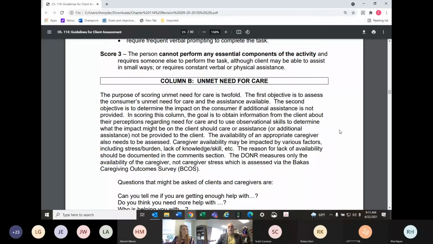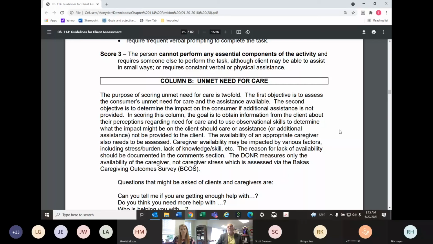So when scoring unmet need, I want to gather information from the consumer or the individual about what they perceive as the need for care and what's not being met, as well as using your observational skills.